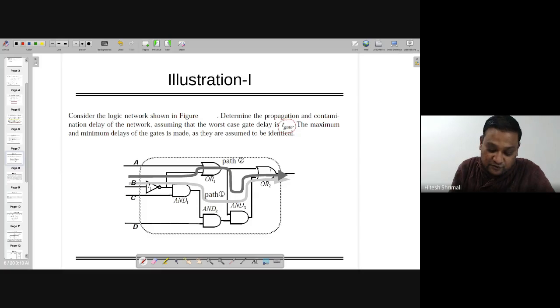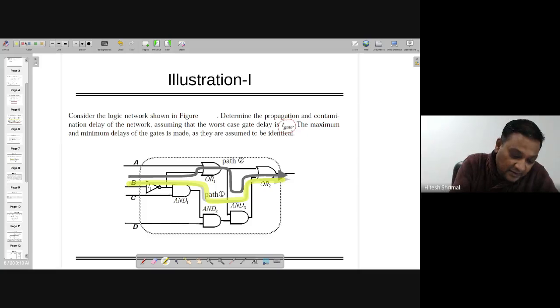Now, if I want to find out the delay, let's start with the propagation delay. You can see that there are two paths shown over here. One path is this one, and another path is this one.